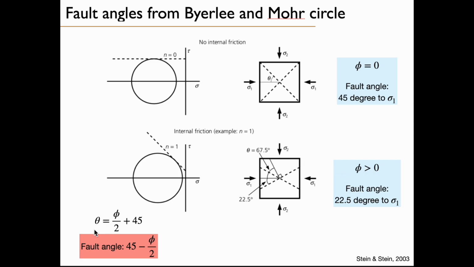So if you compute, for example, 45 minus phi divided by 2, you will obtain fault angles relative to sigma 1 that range between 22 degrees and 32 degrees, depending on the magnitude of phi. So phi determines the angle of the fault relative to sigma 1.